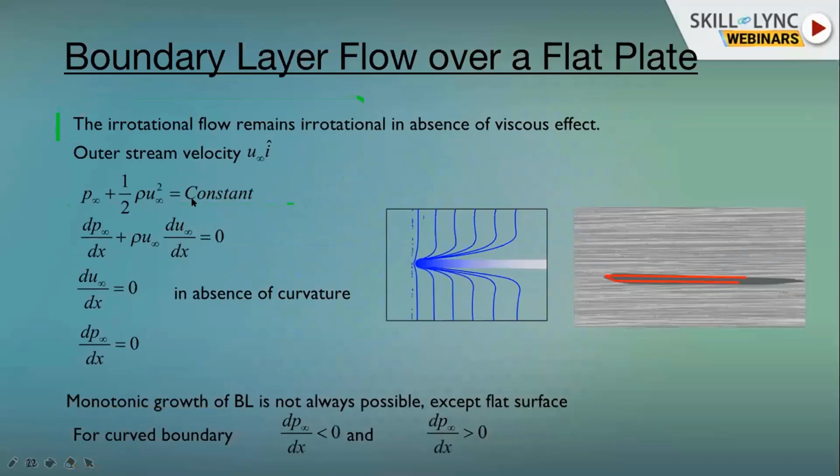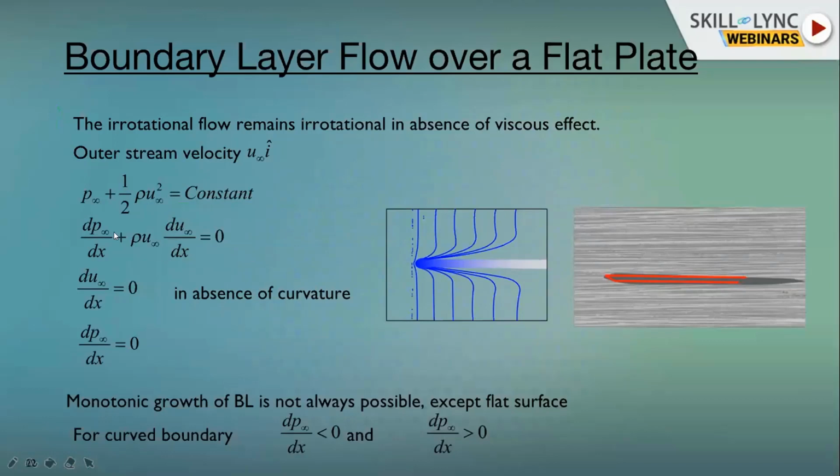From the Bernoulli equation, P infinity plus half rho u square is equal to constant, right? Del P infinity by del x, again by chain rule, you do the differentiation: rho u infinity d u infinity by dx equals the derivative of the constant, equal to 0. As rho u infinity is a constant, it is no more varying with respect to the x direction.